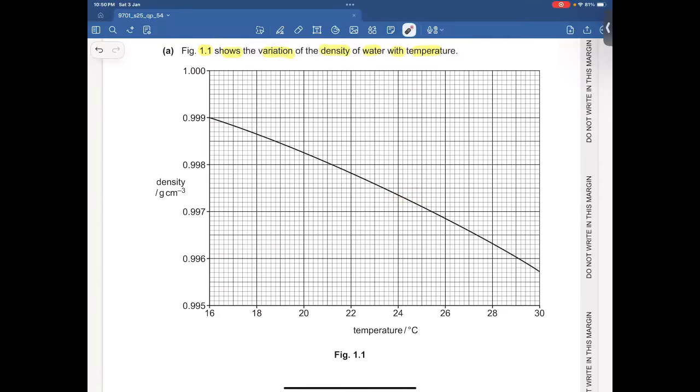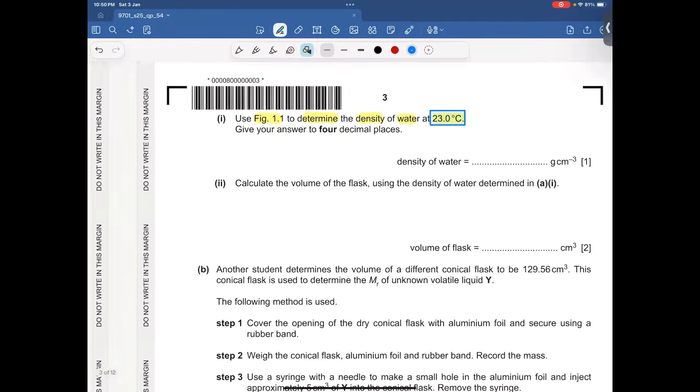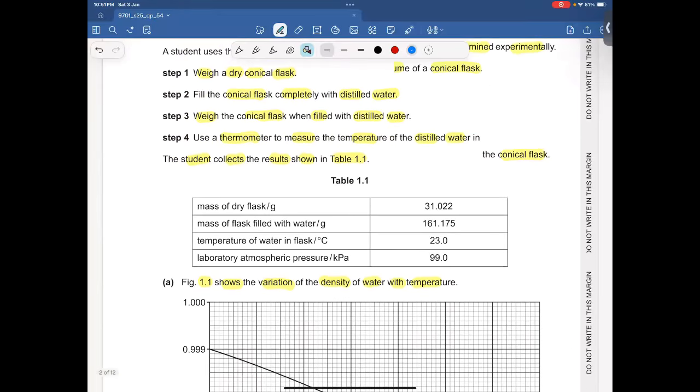The question is: use Figure 1.1 to determine the density of water at 23 degrees Celsius. So the examiner has given us the temperature, 23 degrees Celsius, and we need to find the density at this temperature. Let's move on to 23 degrees Celsius.